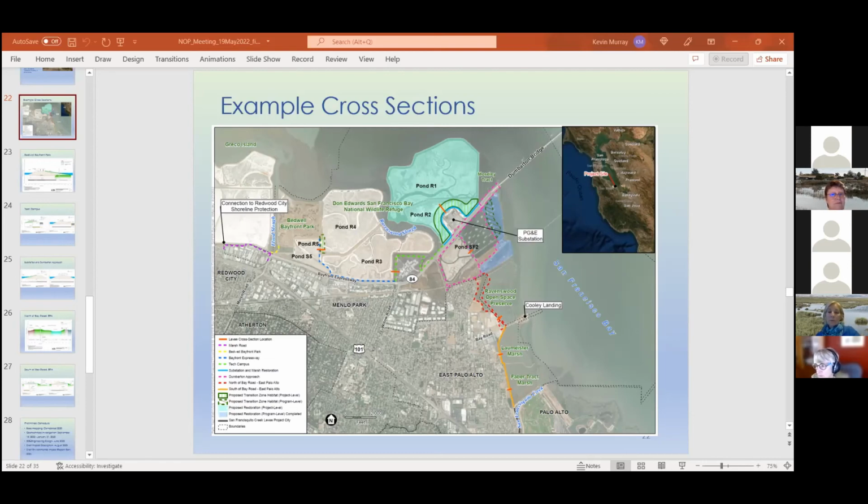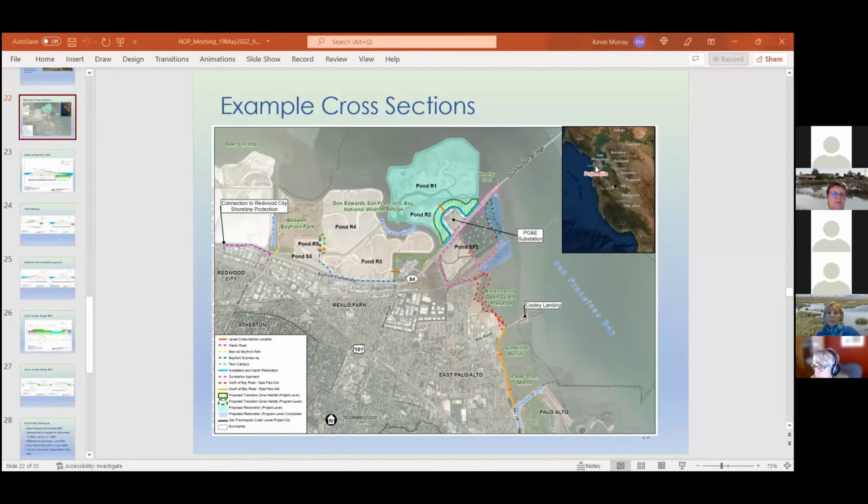There is no defined project or exact configuration of which part of that is going to be tidal pond, returned completely to tides, and what is going to be called managed ponds, so that they have a diverse spectrum of habitats.